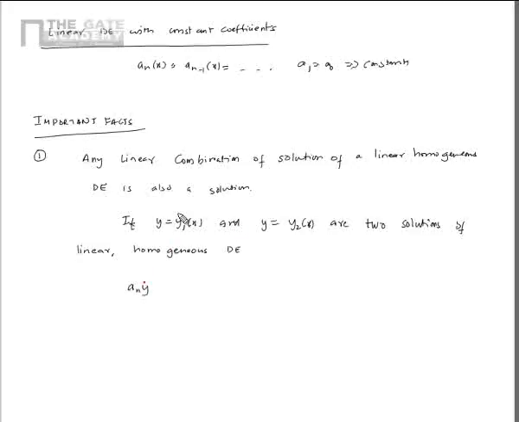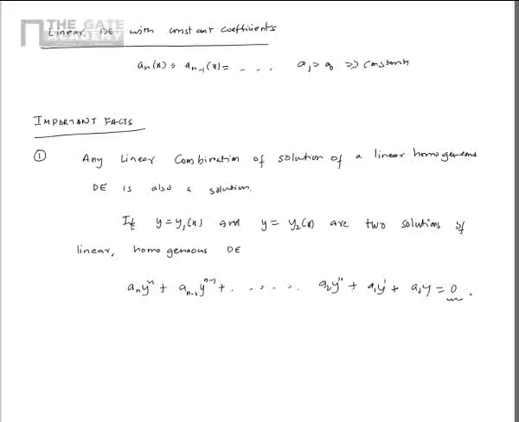So let me just write the linear homogeneous differential equation. This is the general form. So y^(n) is basically the nth order derivative of y. Don't think of it as y to the power of n. Just think of it as the nth order derivative of y. Okay, and similarly you can write a2 y'' plus a1 y' plus a0 y is equal to 0. So this term makes it homogeneous.